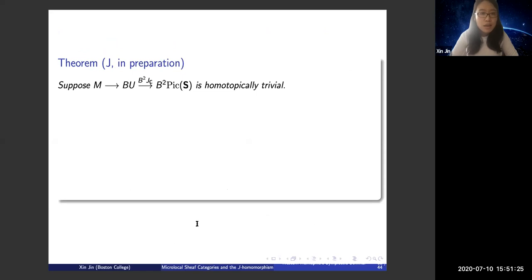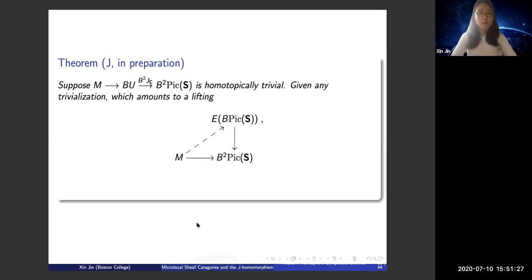And then the theorem, which is in preparation, is that the obstruction to the descent of this to a sheaf of categories is classified by this map.